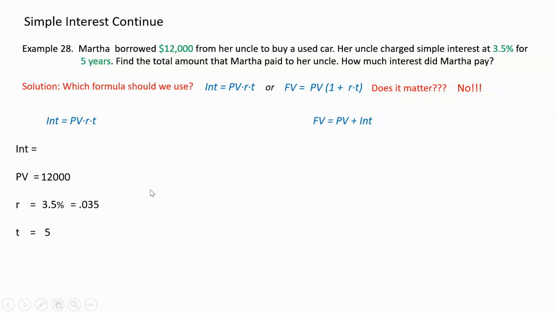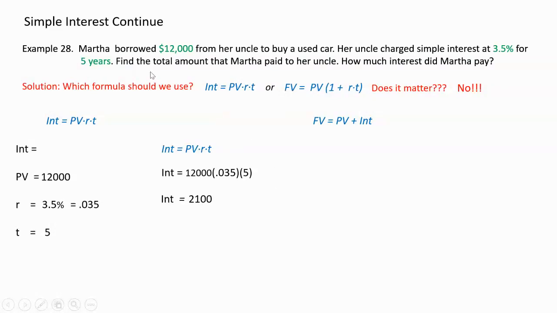The time is 5 years, so the time is 5. Put into the formula. There's my PV, my R, my interest rate, and my time. So the answer should be 2,100. So that's the answer for the second part. That's how much interest she paid.